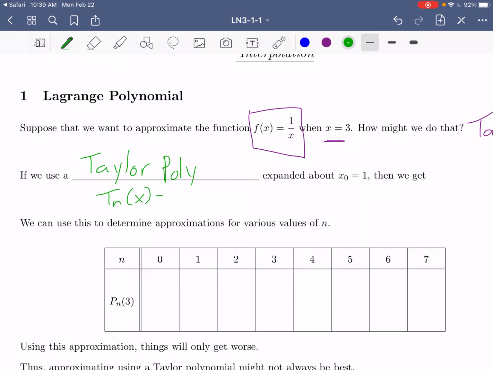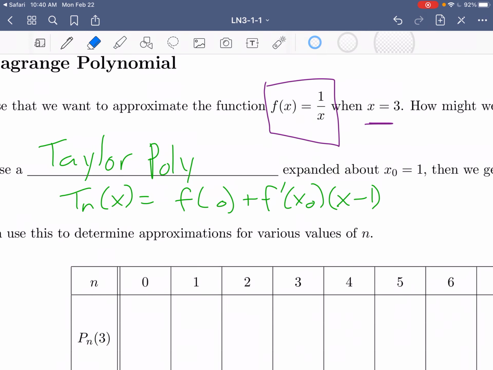Tn of x is f of x naught plus f prime at x naught times x minus 1. Oh, I guess x naught is 1, so I can make that 1 here. So we're expanding about x naught equals 1.